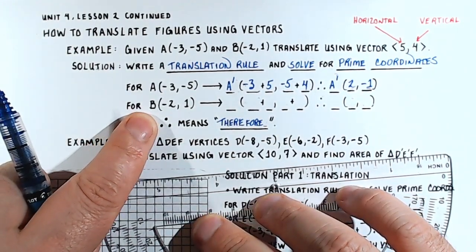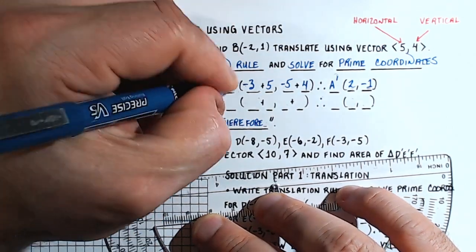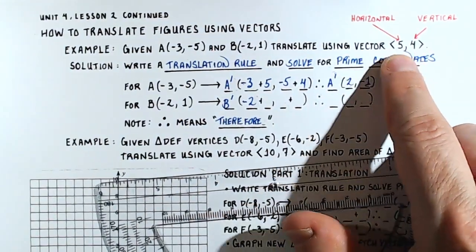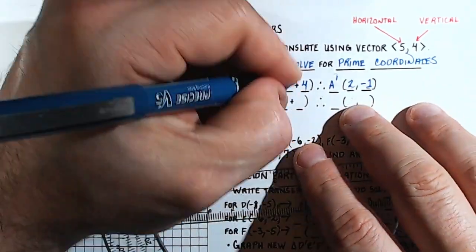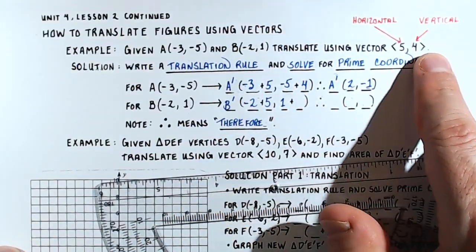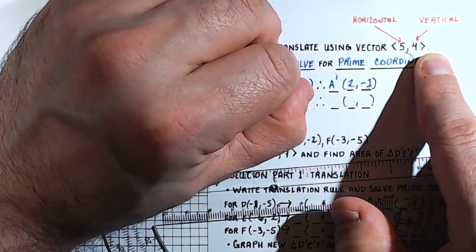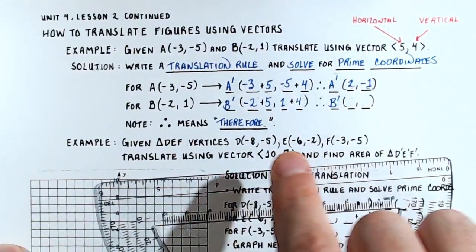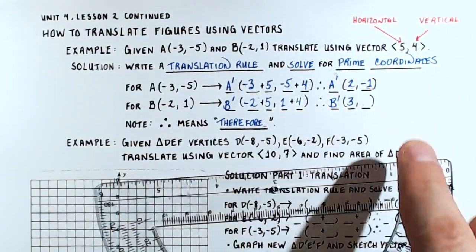Okay, so here's the other coordinate, B. For B located at -2, 1, B prime will be located at -2 plus the horizontal component of the vector, plus 5, and y, which is 1, plus the vertical component of the vector, 4. Therefore, B prime is located at -2 plus 5, which is 3, comma, 1 plus 4, which is 5.